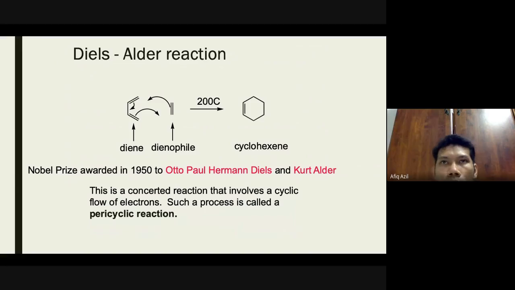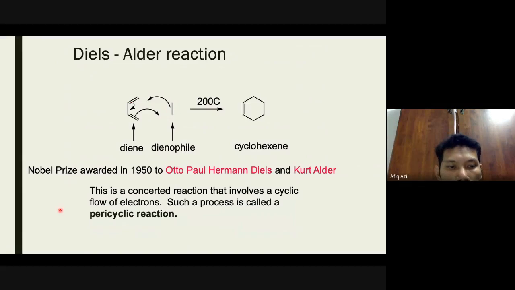This one also you have learned a little bit in chapter 6 last semester. So basically it involves a diene, like this, and a dienophile. This is the simplest example of a dienophile.